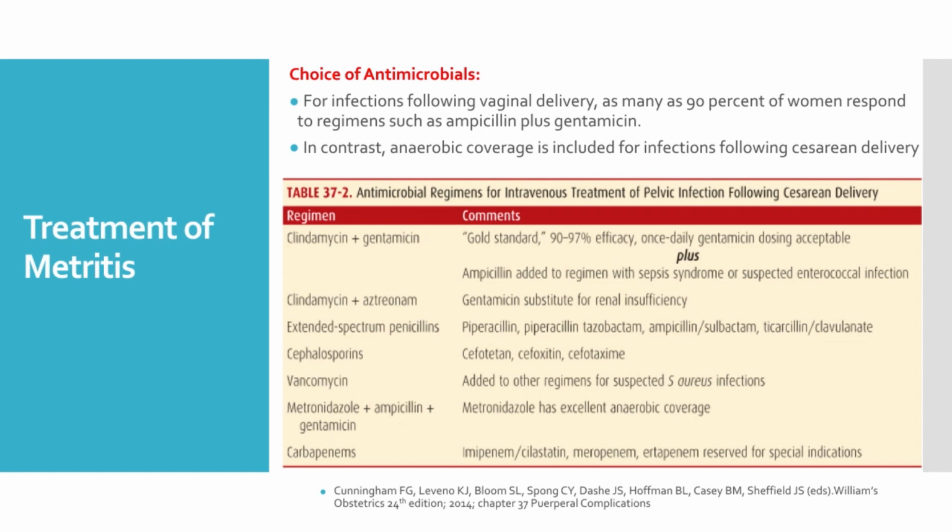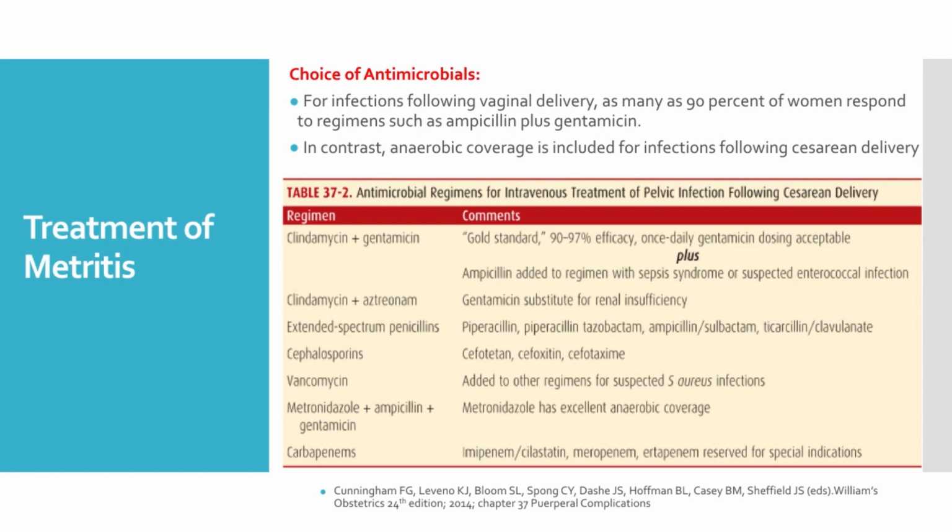For infections following vaginal delivery, as many as 90% of women respond to regimens such as ampicillin plus gentamicin. In contrast, anaerobic coverage is included for infections following cesarean delivery. In this table, we have the antimicrobial regimens for intravenous treatment of pelvic infection following cesarean delivery.